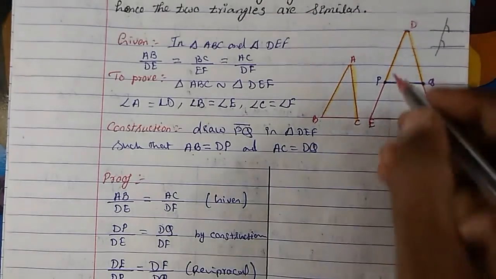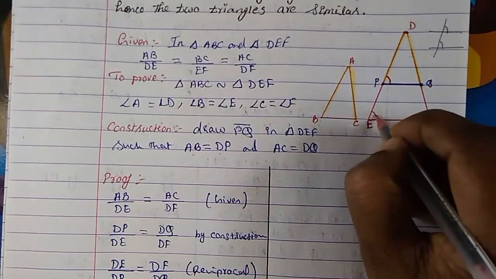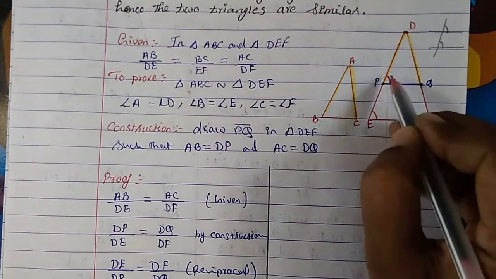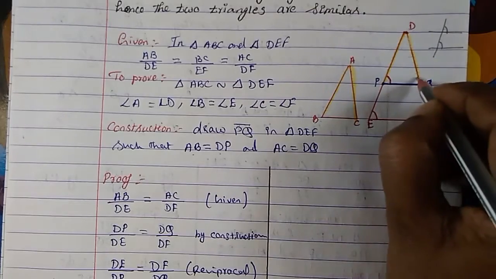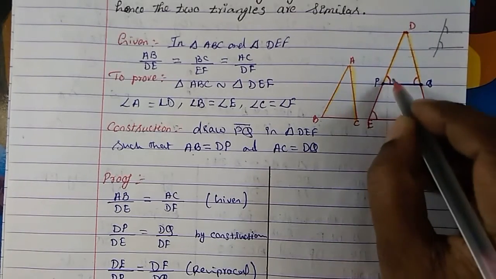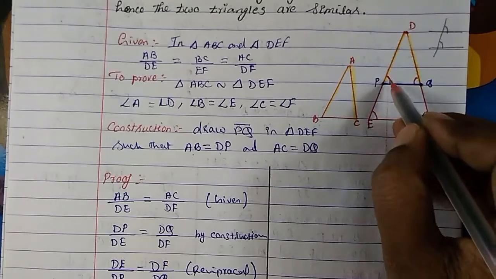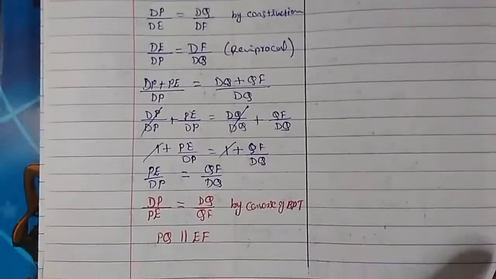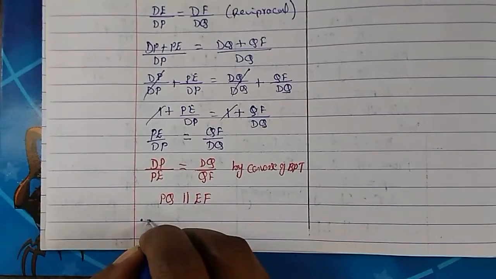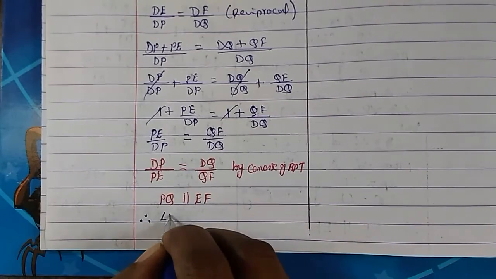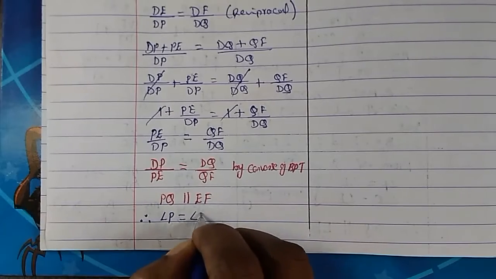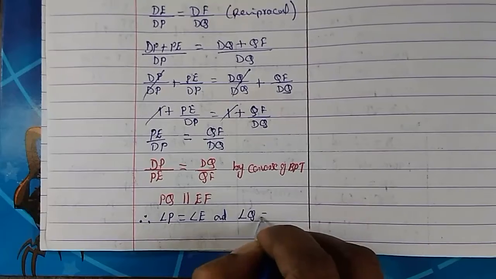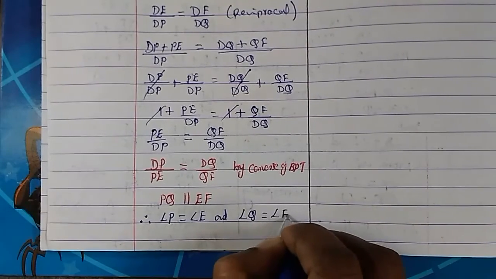So angle P and angle E become corresponding angles, because we said these are parallel. Therefore angle P will be equal to angle E and angle Q will be equal to angle F.